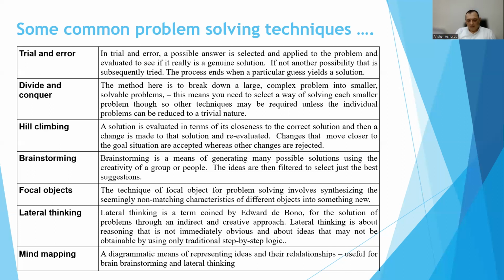Or mind mapping, a diagrammatic means of representing ideas in their relationships, useful for brainstorming and lateral thinking. Because mind mapping is a kind of clustering where you have a general idea and of course some other specific ideas to deal with.